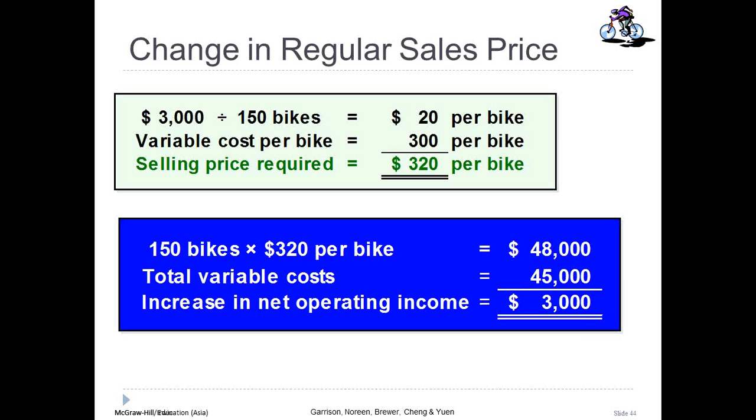We would have an increase of $48,000 in sales revenue there, and our total variable expenses would increase by this, then our contribution margin, which would drop to our bottom line, would be $3,000.